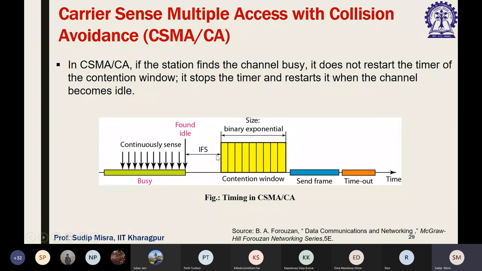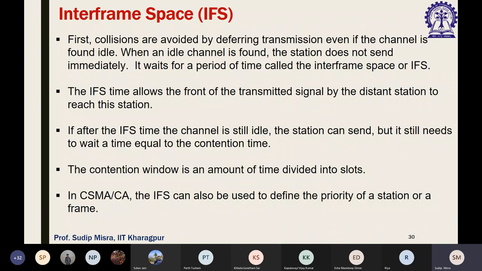So it waits for the IFS duration, then it contends for access to the medium, and then finally it sends the frame. So this is the whole idea of CSMA/CA, which is used for wireless channels.